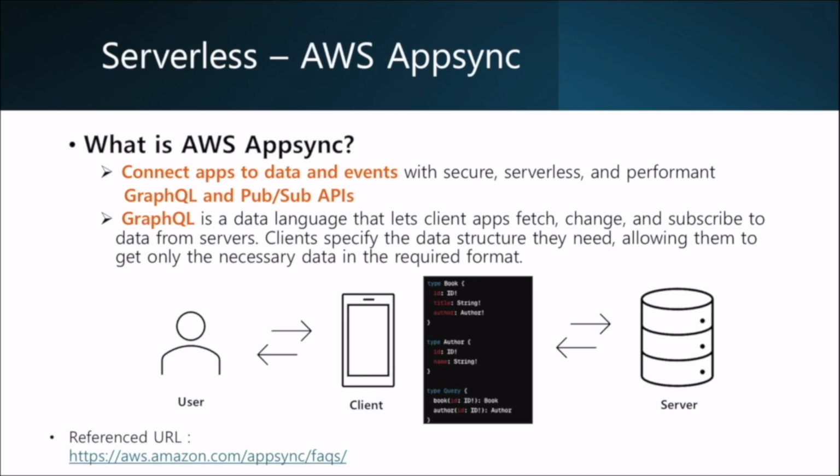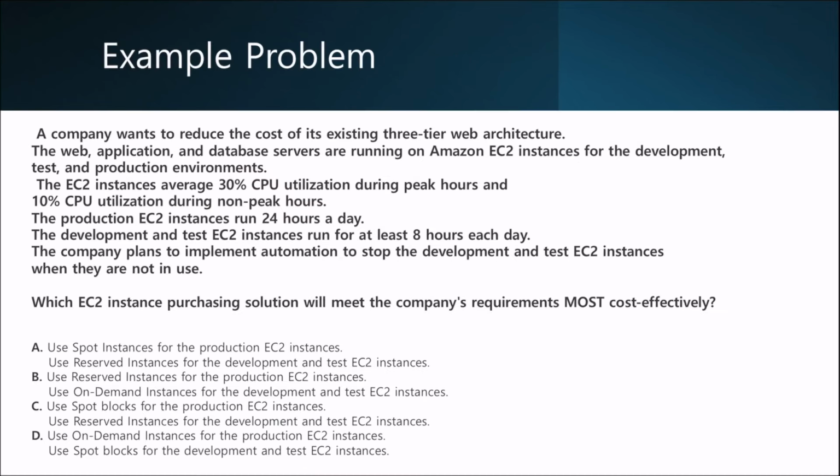Now, after the lecture, let's try some example problems. Let's look at this one. A company wants to reduce the cost of its existing 3-tier web architecture. The web, application, and database servers are running on Amazon EC2 instances for the development, test, and production environments.